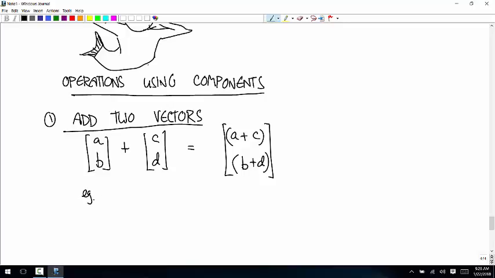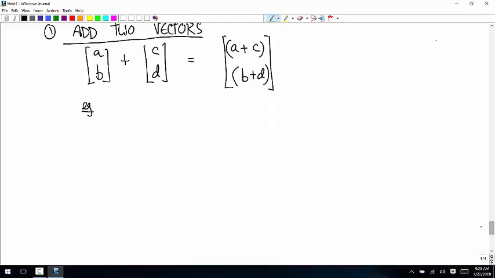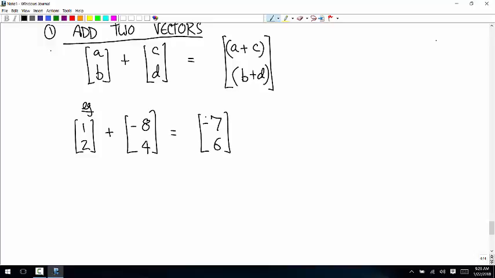So for example, if you have the vector 1, 2 and you add it to the vector negative 8, 4, the resultant vector is negative 7, 6. If you think about it for a while, it'll make sense why this is true.